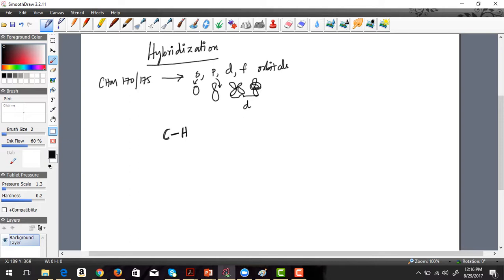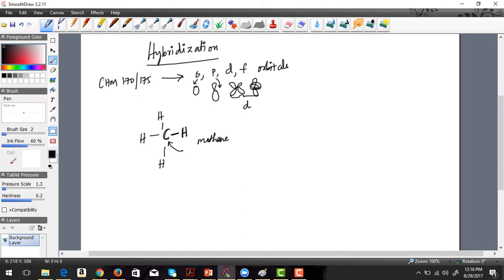So let's say we have this: this is methane. It only has single bonds. This compound contains 1 s orbital and 3 p orbitals. Well, if that's a little bit complicated for you, let me make it simple.